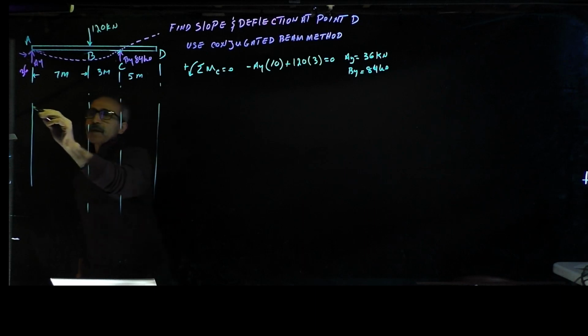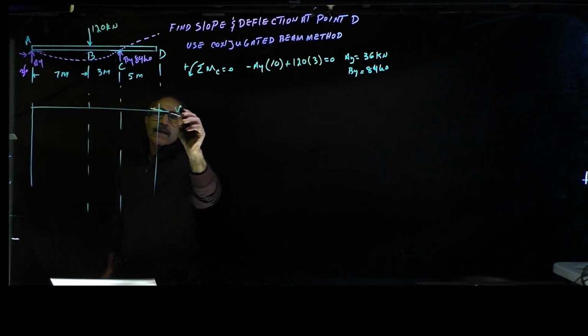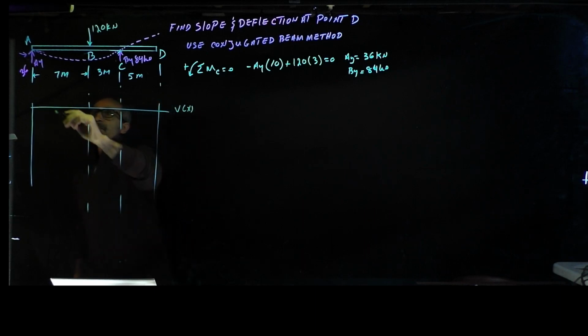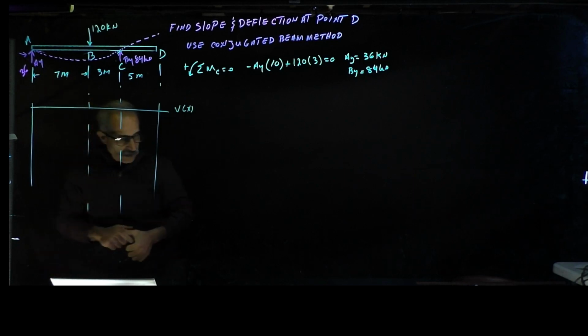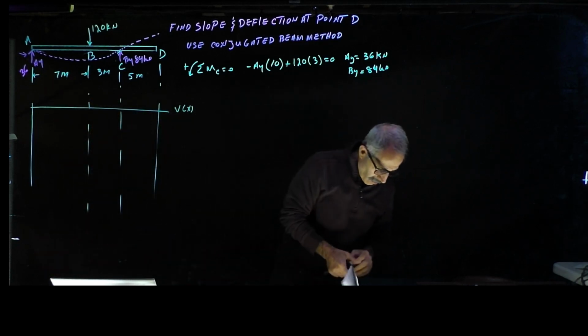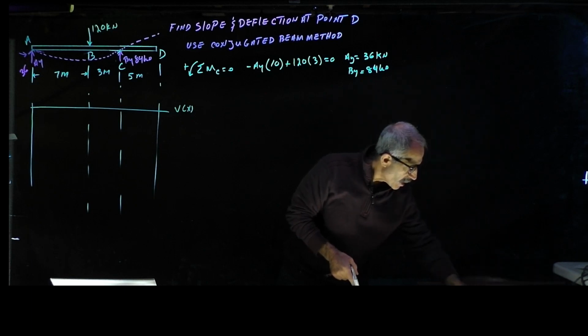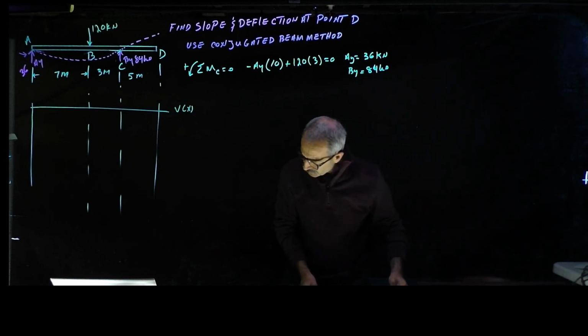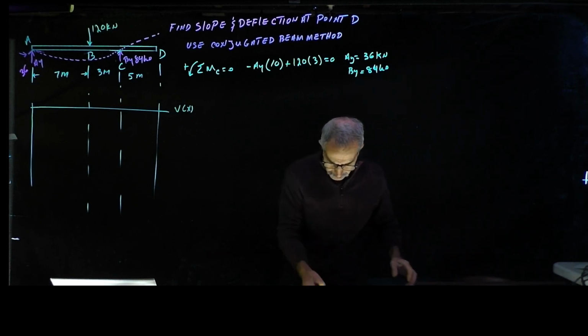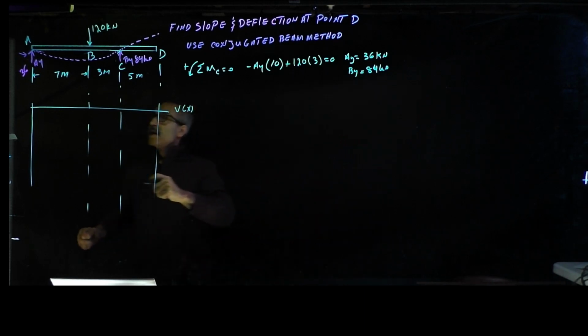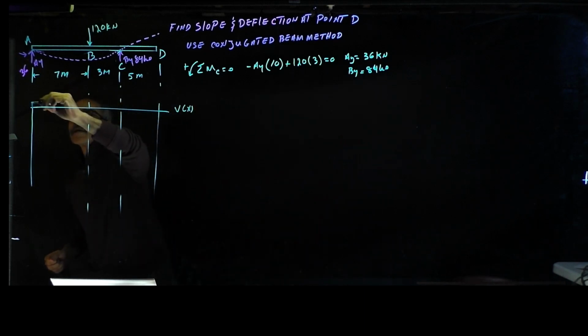This is my shear diagram, Vx. Let me use a different color here. I'm going to go up 36 from here.